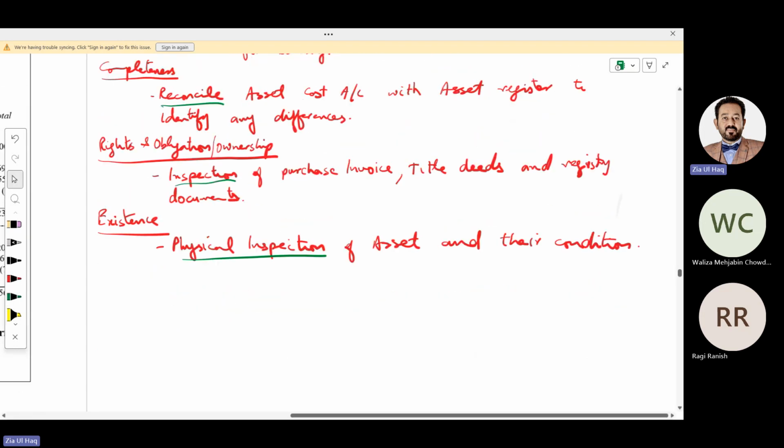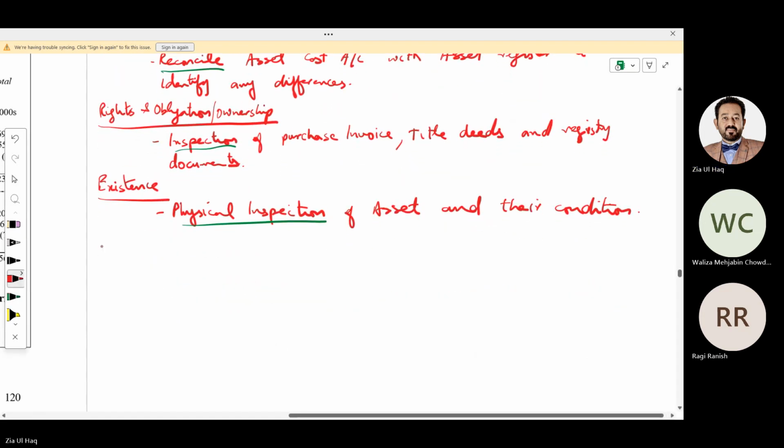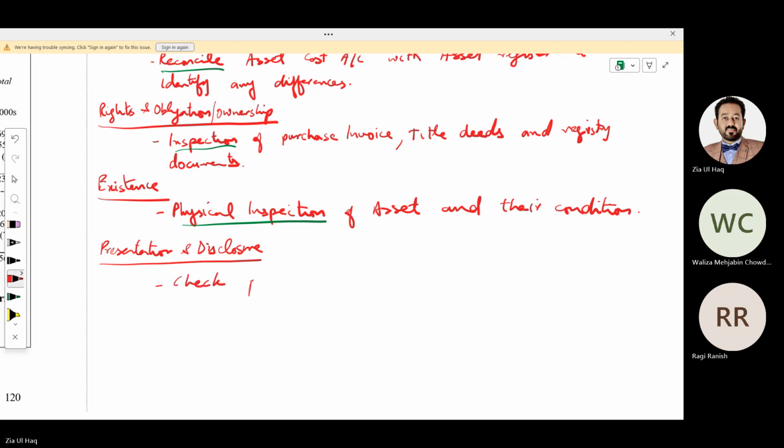How can we verify presentation and disclosures? Check it is presented under non-current assets in the balance sheet.